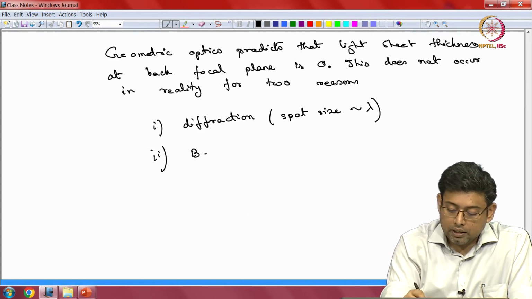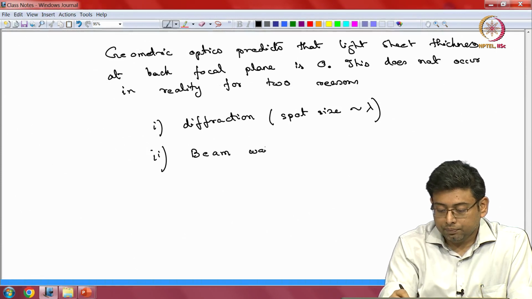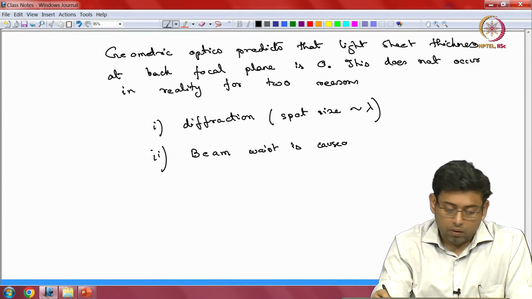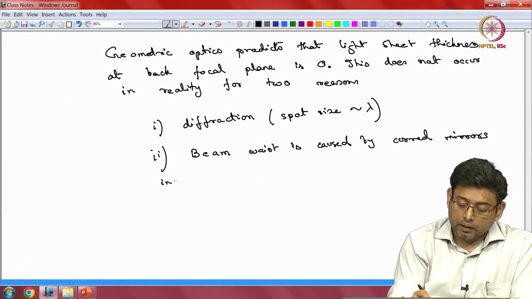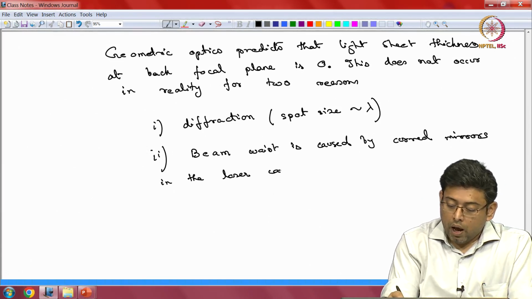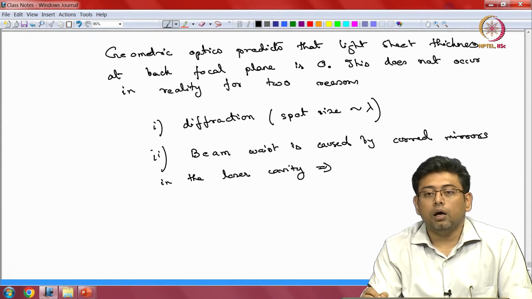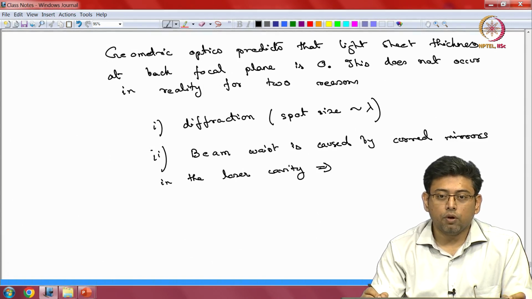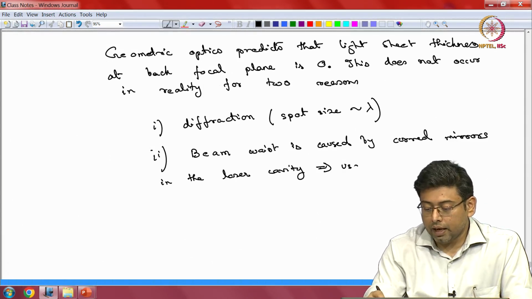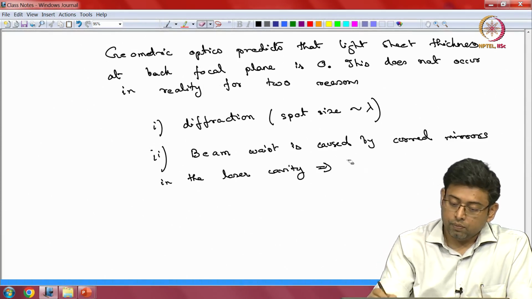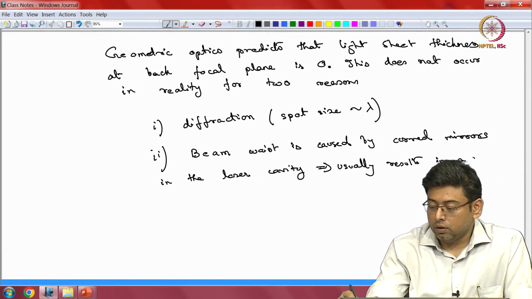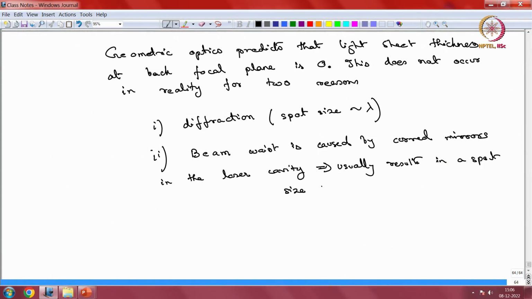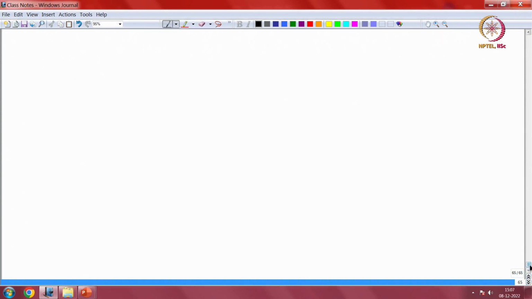So the other reason is that the beam waist is caused by curved mirrors in the laser cavity, and because of this beam waist the size of the focused point usually results in a spot size greater than lambda. Okay.